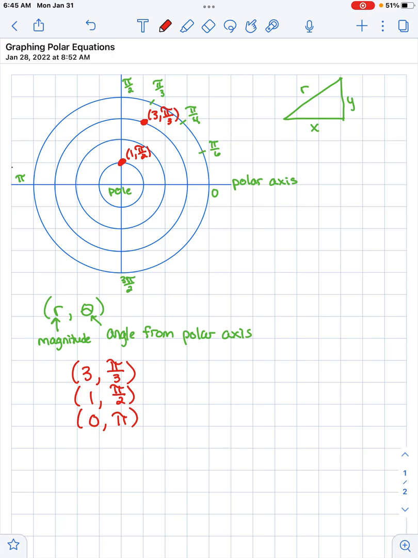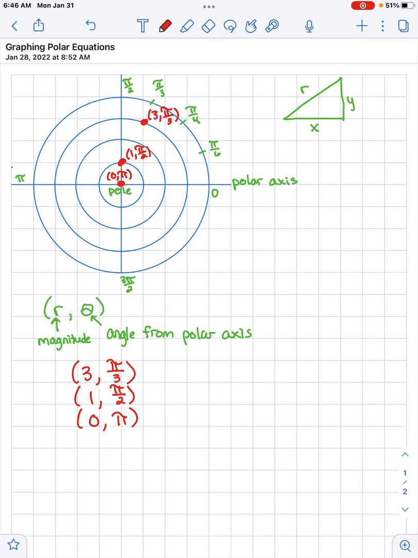This one's a little bit weird. From the polar axis, I'll go over to pi, and then my r value is 0. So that's this point right there at the pole. Now how do I know that it's 0 comma pi and not 0 comma 0, or 0 comma pi over 2, or 0 comma 3 pi over 2? I don't, but they would all end in the same spot anyway. So this is 0 comma pi.